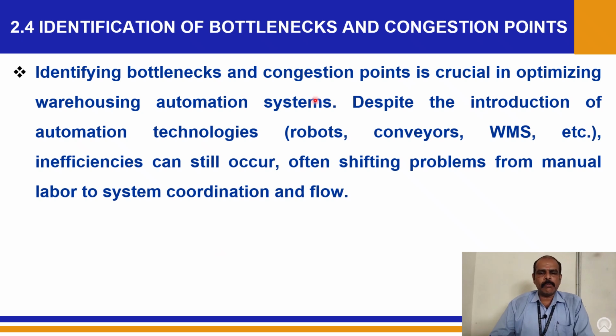Identifying bottlenecks and congestion points is very crucial when you want to optimize a warehouse automation system. Okay, you have got a system that has been automated, but still the performance is not up to expectation. That means some sort of fine tuning is necessary. Some fine tuning of the entire process is essential, so that we gain the output of the entire process.